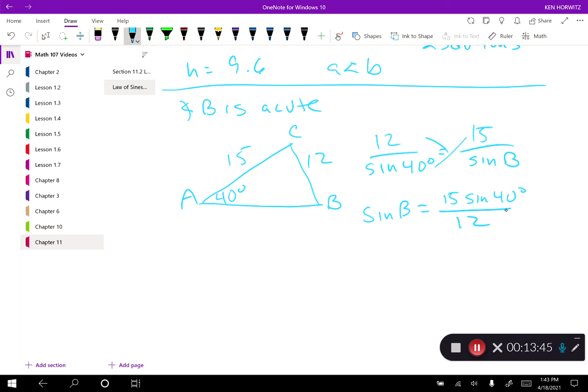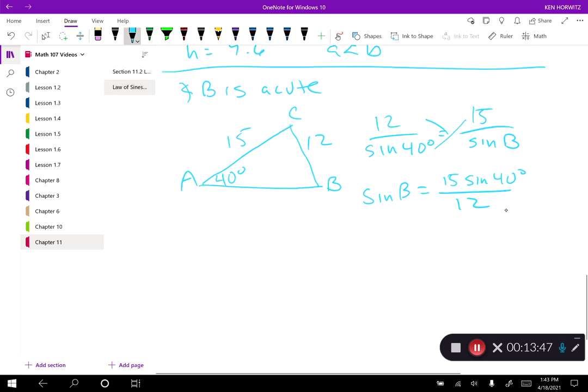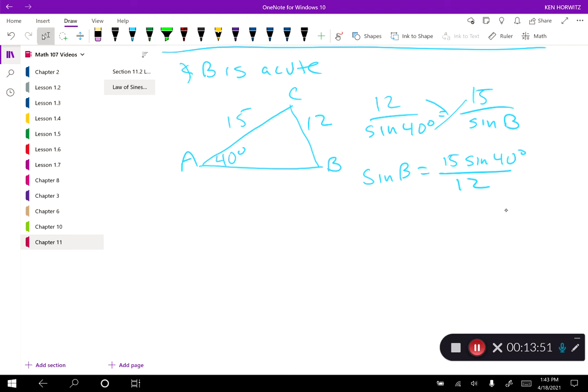Once again, you would have to use a calculator to solve. So why don't you go ahead and solve for angle B. You should be experts by now, and I'll give you my answer on the back end.